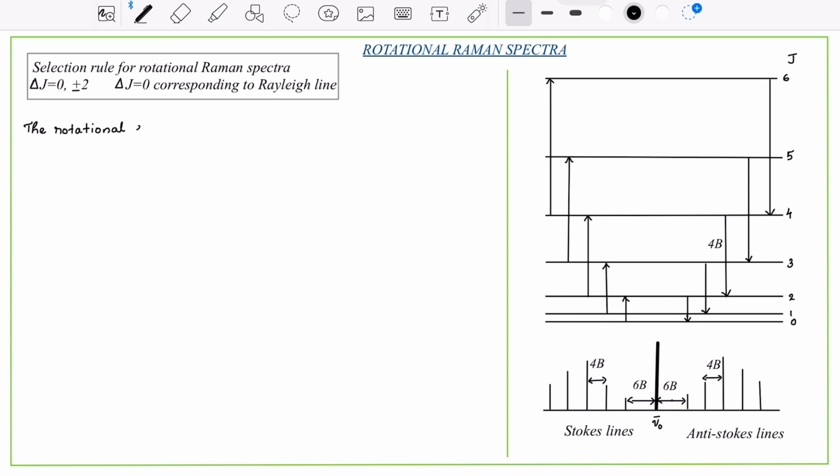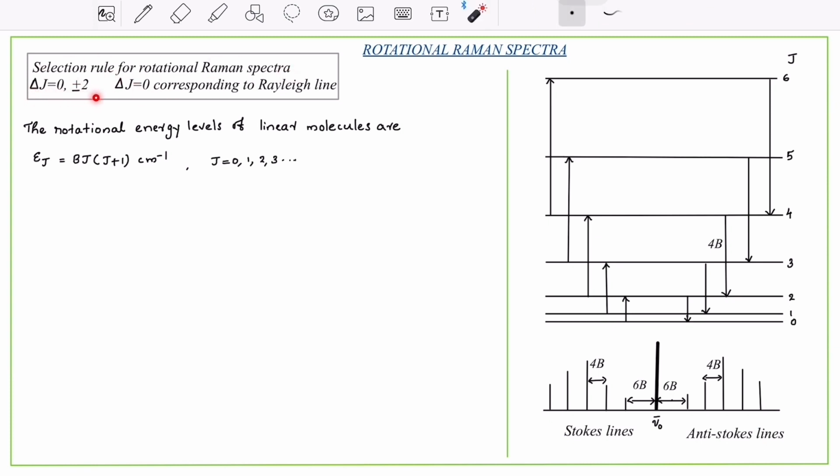We know that the rotational energy levels of linear molecules are E_J equal to BJ(J+1) cm⁻¹, where J, which is a rotational quantum number, is given by 0, 1, 2, 3, etc. Now the selection rule for rotational Raman spectra is ΔJ equal to 0, plus or minus 2. ΔJ equal to 0 corresponds to the Rayleigh line.